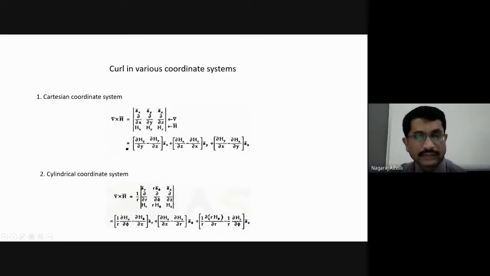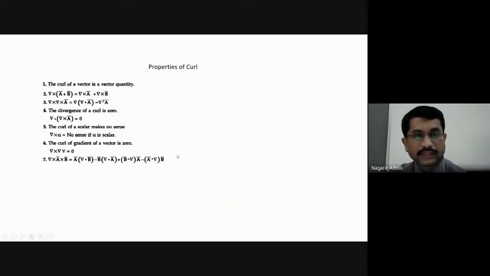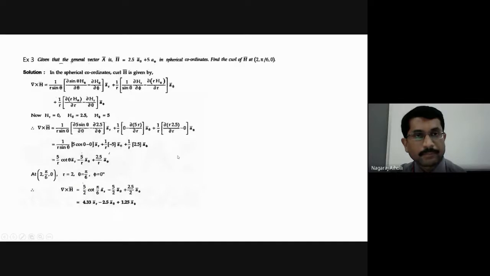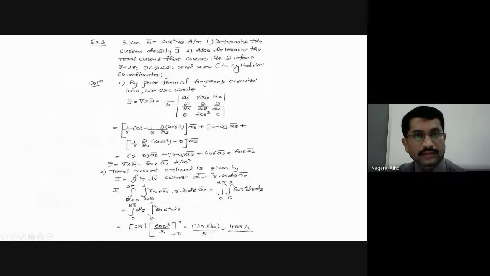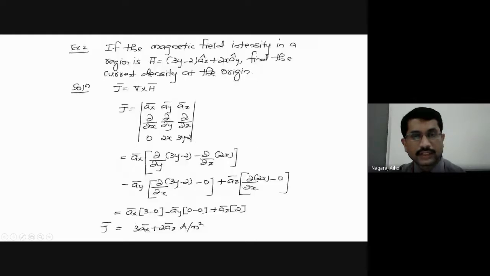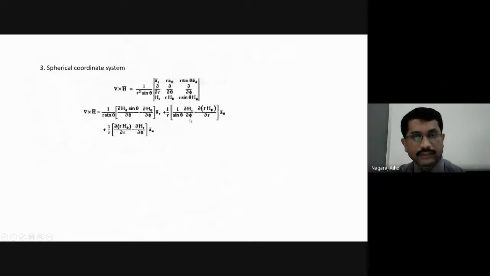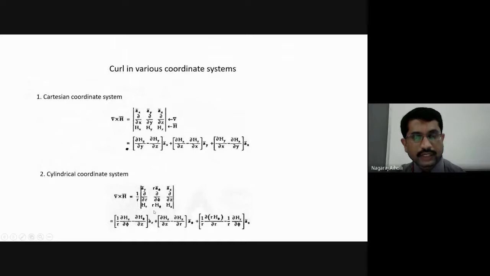Now apply this curl equation to simplify the given statement. That is J bar is equal to del cross H bar, that is 1 by r times the determinant, and the terms here are Hr, r H phi, Hz.